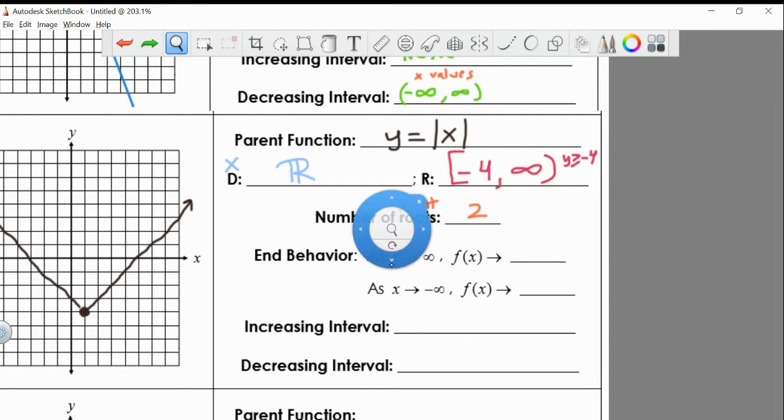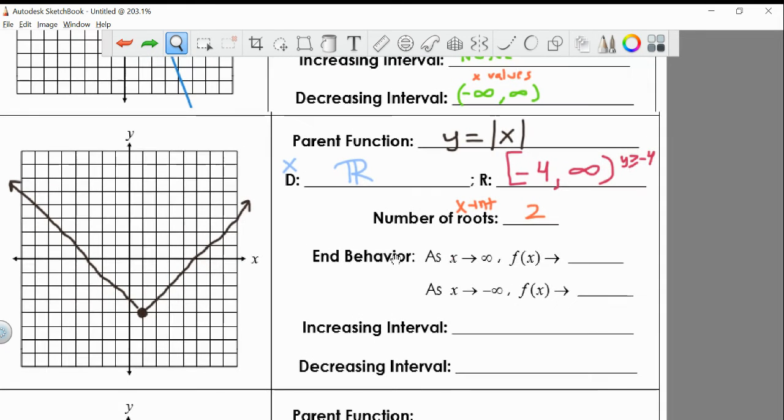All right, end behavior. Remember, this is a question so easy a kindergartner could answer it. Are we going up or down on the ends of our graph? Basically, if you were going to make the graph with your arms, would your arms be pointing up or would your arms be pointing down? So you can't see me now, but this is how the graph looks. On this side, is it going up or down? Up. On this side, is it going up or down? It's going up. Both sides of our graph are going up.